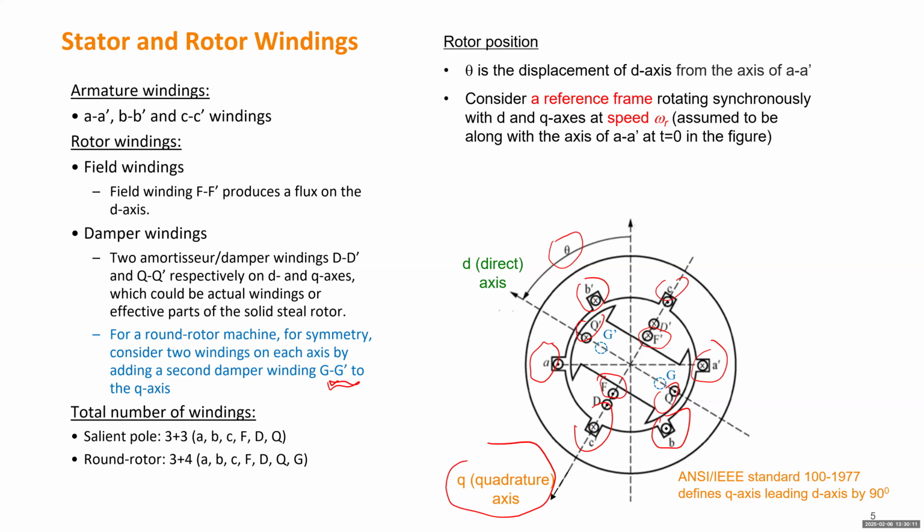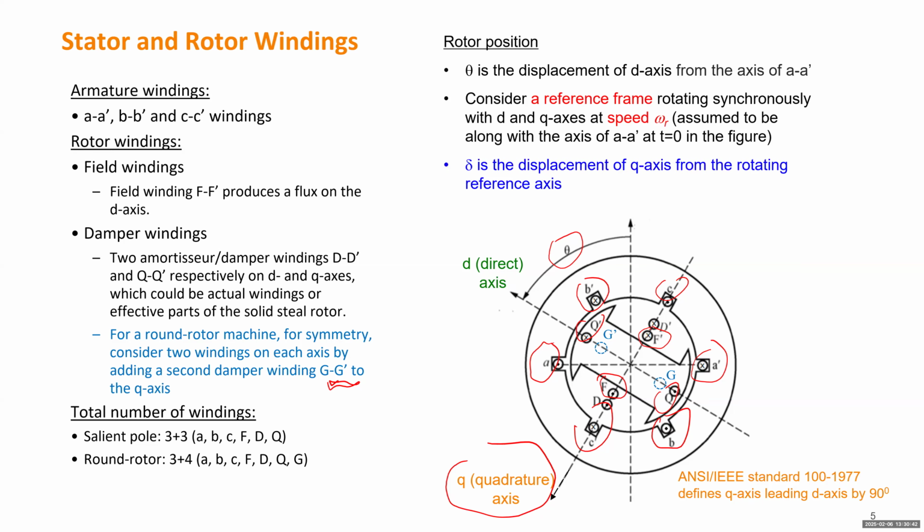This reference frame is like some fictitious generator that will never lose stability. It always operates at perfectly 60 Hertz. Then we can compare the rotor position of this generator versus that fictitious generator, that reference frame. So we just assume that the reference frame operates at a speed omega r.